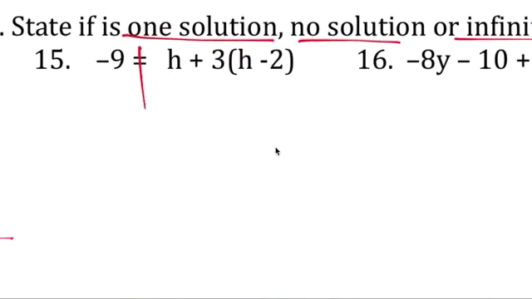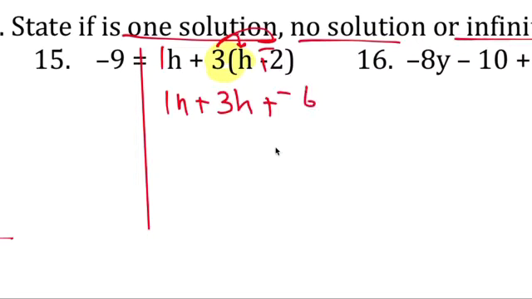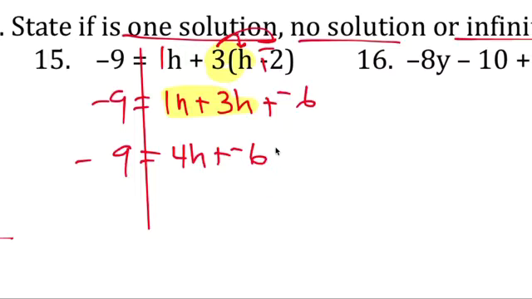Okay, this one here, same thing, additive inverse where there's a minus, distribute, invisible 1, 1h, plus multiply these guys, 3h plus a negative 6. Combine these together, get 4h plus a negative 6. That equals each time to negative 9, nothing you can do.